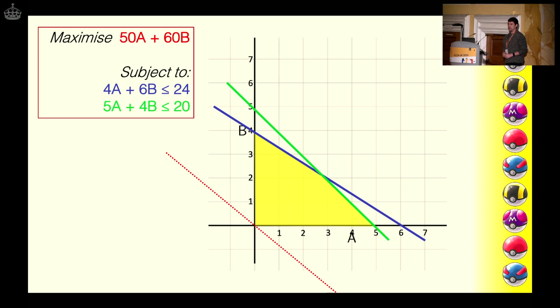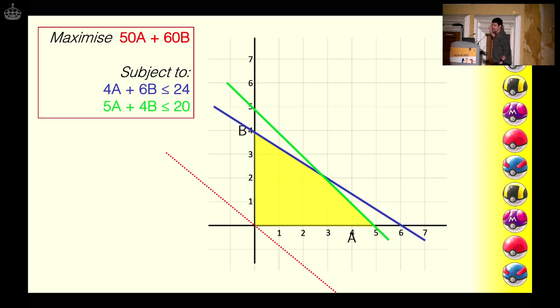Every point along that line will give me a profit of 0. There is only one point on that line which is feasible, which is the point 0, 0. So the only feasible way I can get 0 profit is by producing 0 gallons of A and 0 gallons of B. Okay. Now, I don't want 0 profit.